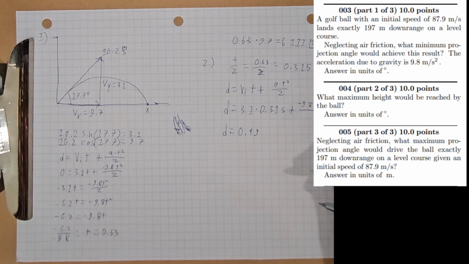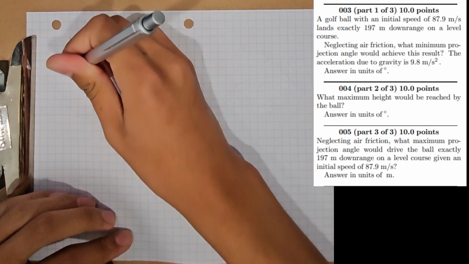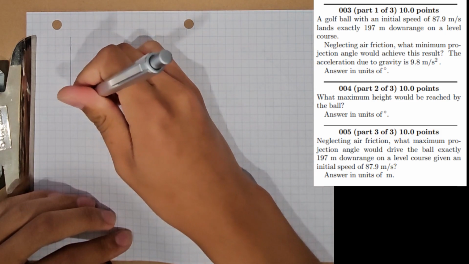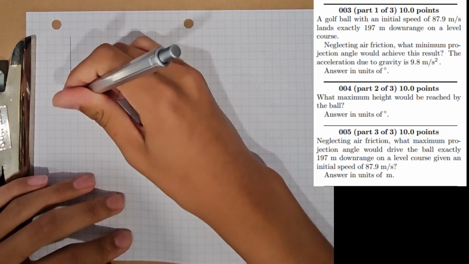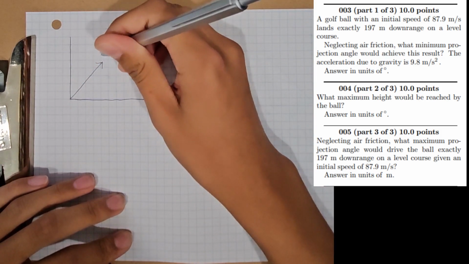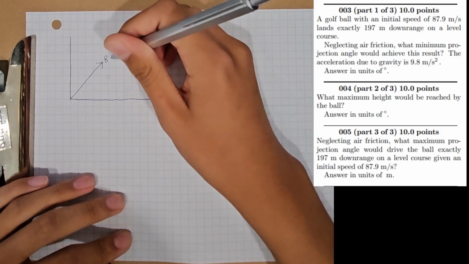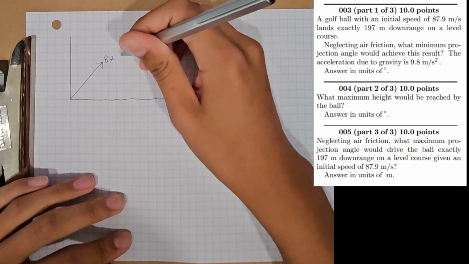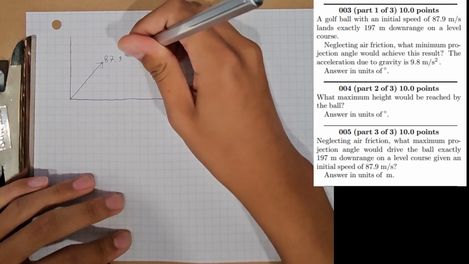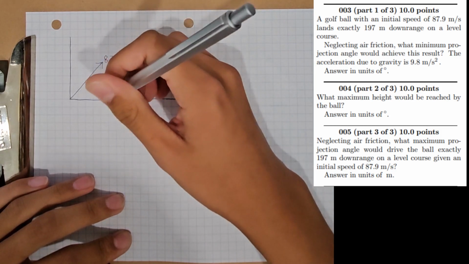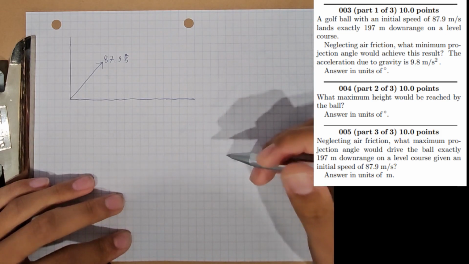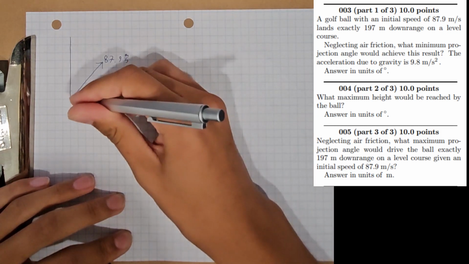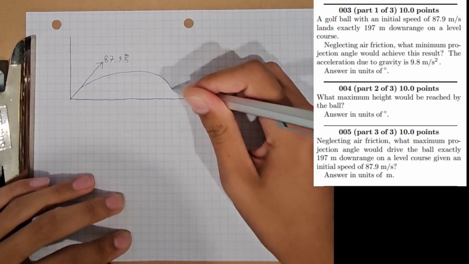The next question for me is about the golf ball. Here's just a little chart. Here we're going to have the golf ball launched at 87.9 meters per second, and here we have another parabola.